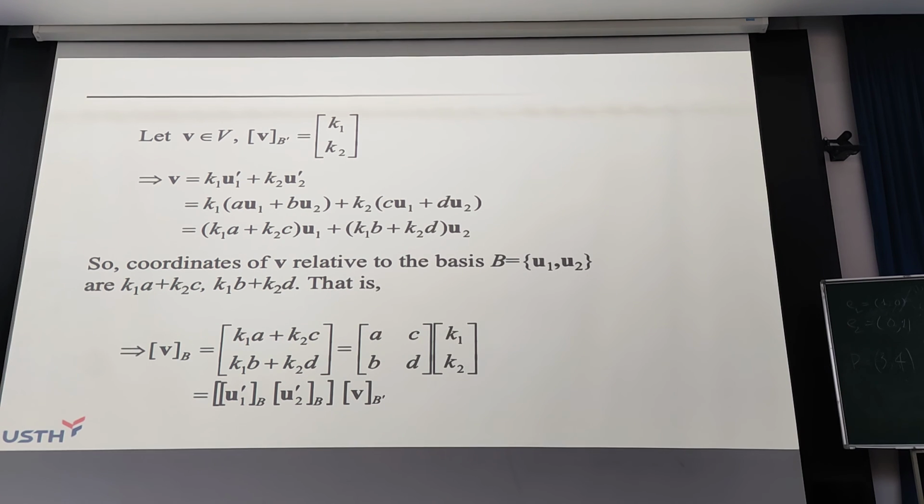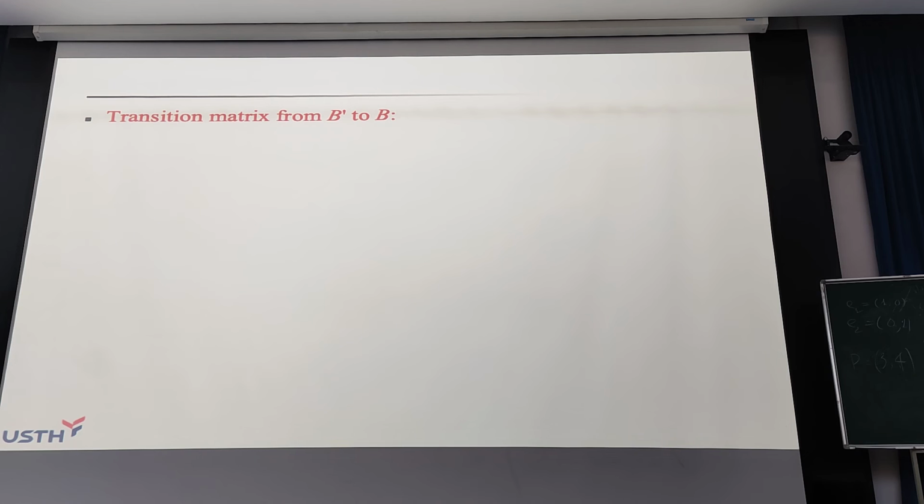We are going to generalize it here. Now we are going to define the notion of transition matrix from B prime to B. In Vietnamese, ma trận đổi cơ sở. We are given two different bases, B and B prime.